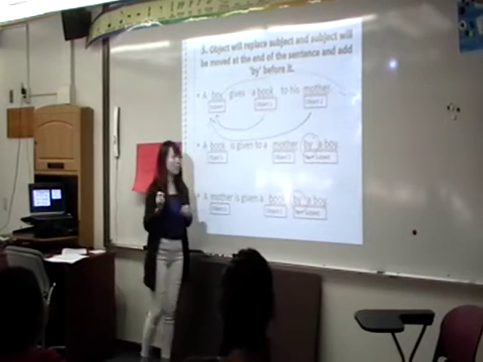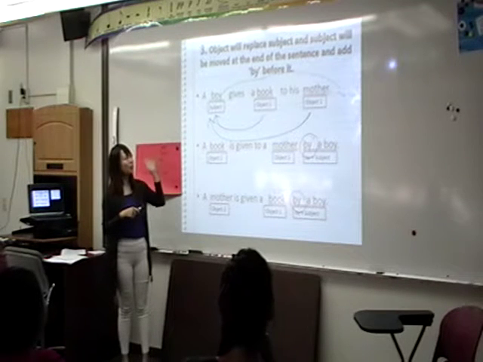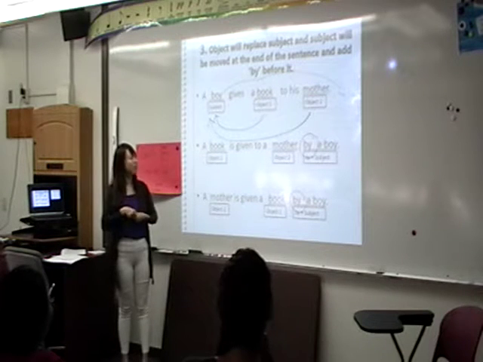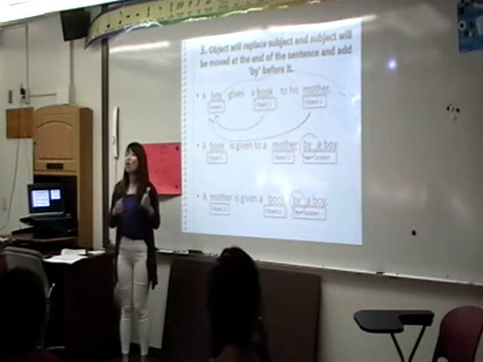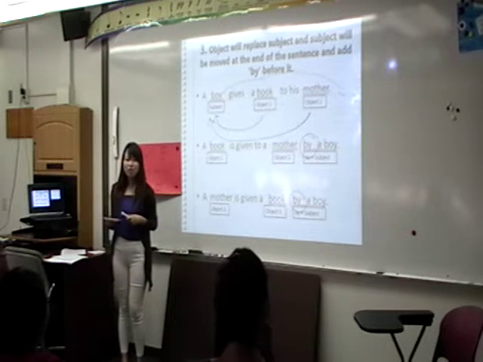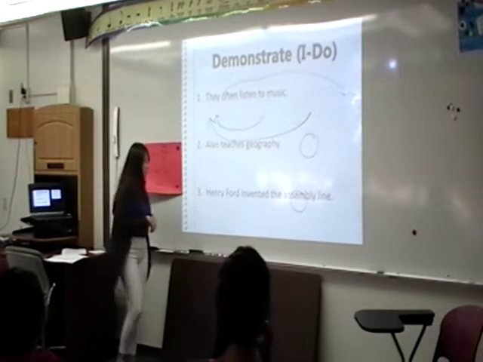Still, don't forget the by. So it can help you better when you need to emphasize your object, when you are doing your writing or speaking. So far, do you have any question? Very good, you are so smart.